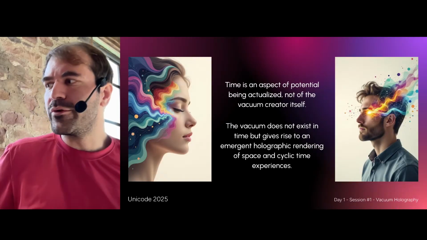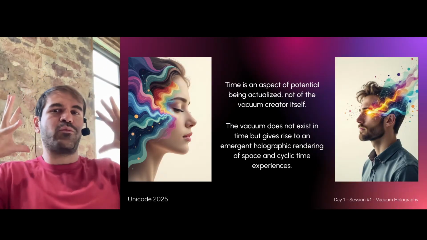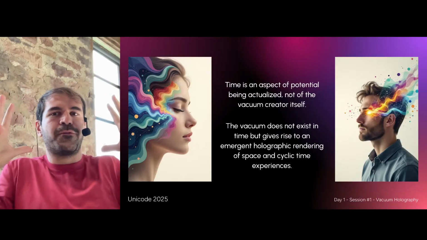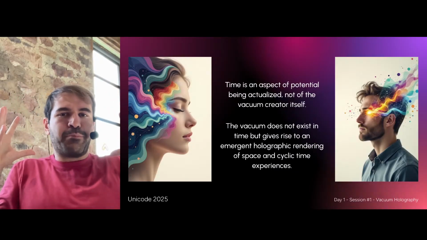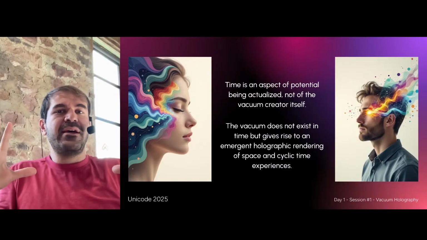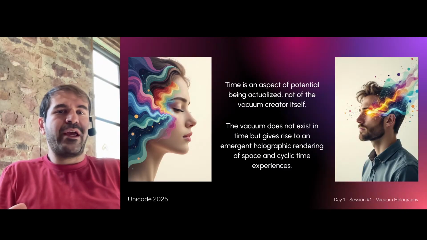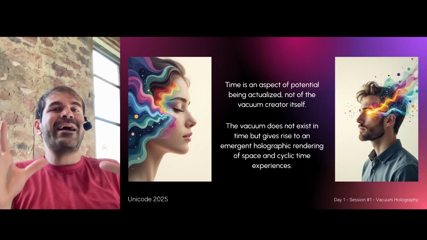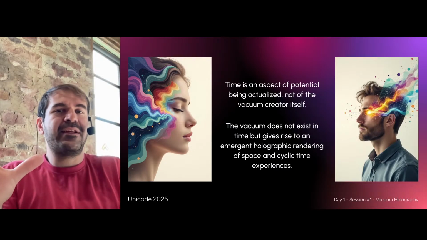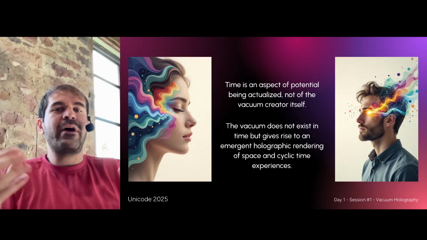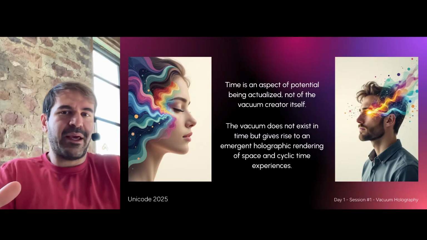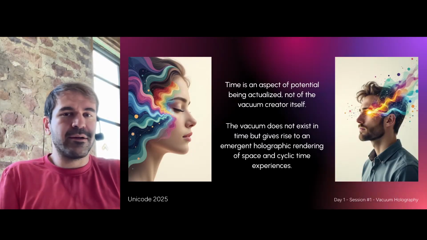So this is a really good way for you to visualize what's happening. In your observer portal, potential is being actualized, and that's what the vacuum creator is itself, but it is not the time and space that it is holographically rendering. The vacuum creator is not time and space. It is rendering time and space.